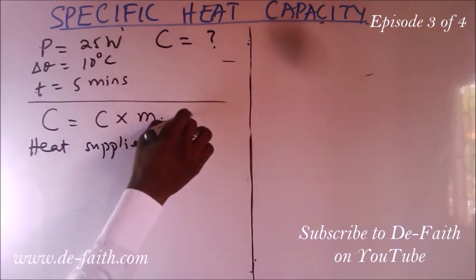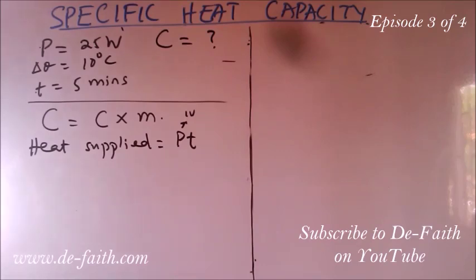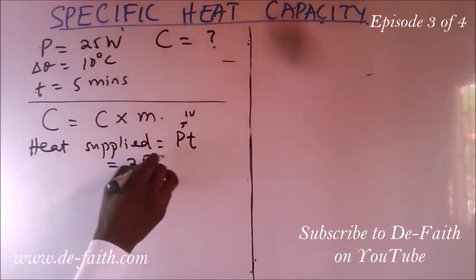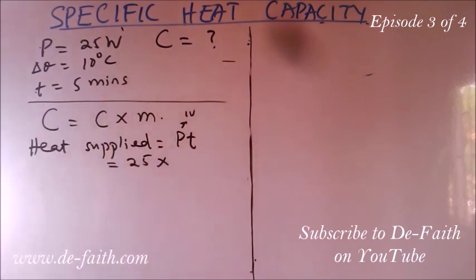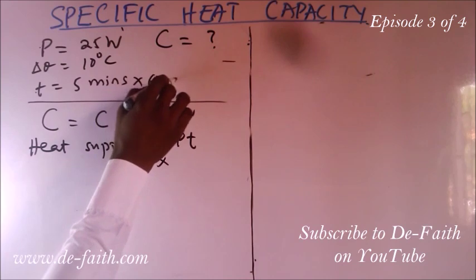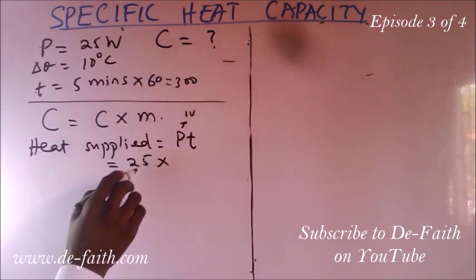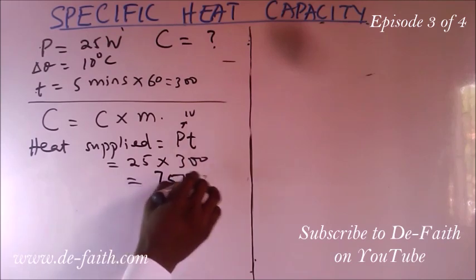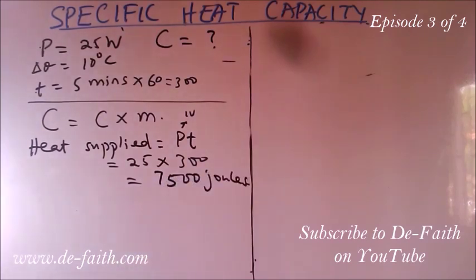P can also be said to be IV, that is current times voltage. The power over here is 25 and the time is 5 minutes. But we need to convert the 5 minutes into seconds by multiplying by 60. And so we have 300. So 25 times 300 gives 7,500 joules. So here is the quantity of heat that was supplied.